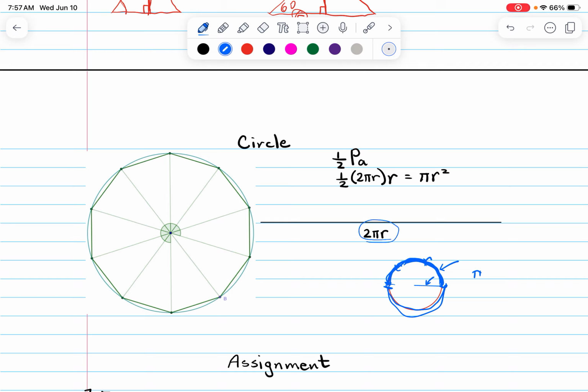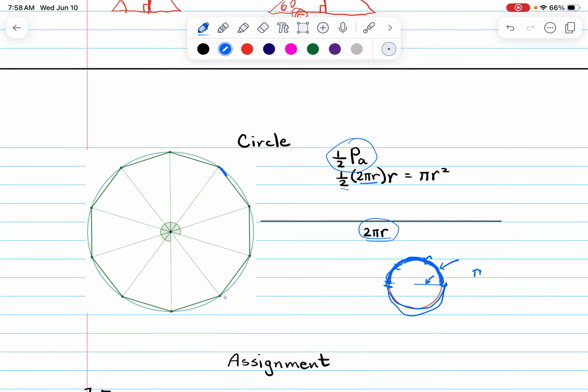In other words, the perimeter. So as you make these sides smaller and smaller and increase the number of sides of a polygon, this 1/2 p times a becomes 1/2 times 2 pi r. And the apothem gets closer and closer to just the radius.